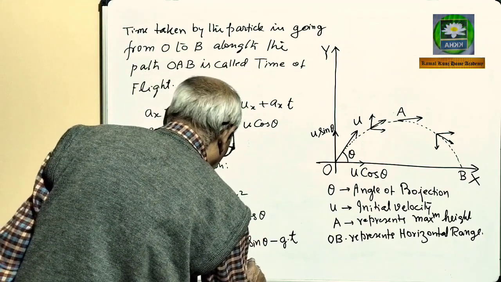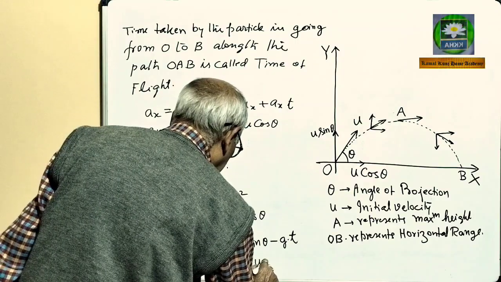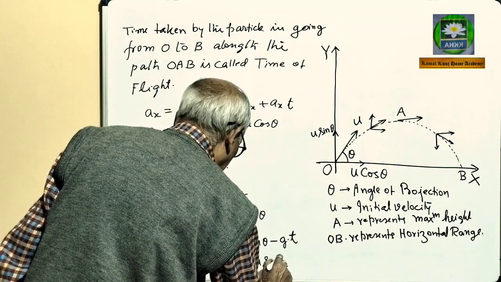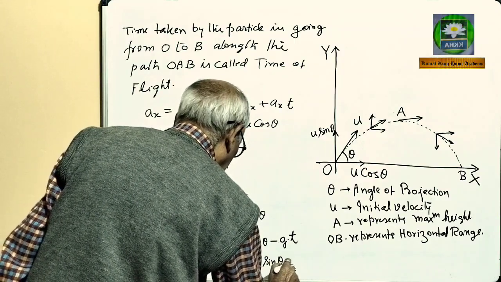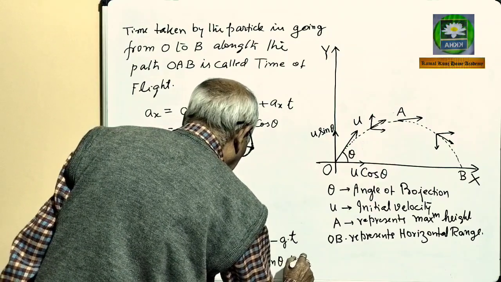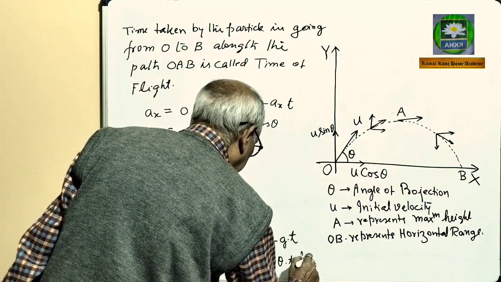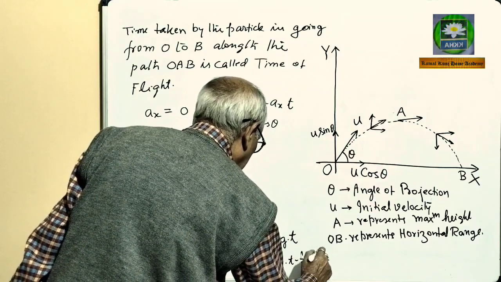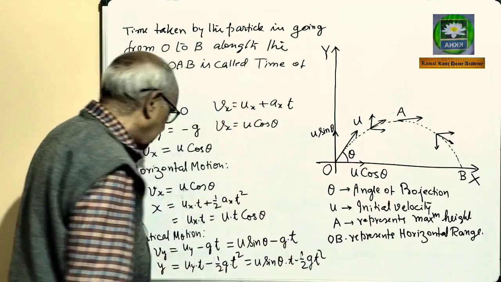This is equal to u sin theta into t minus half g t square. This is a vertical motion.